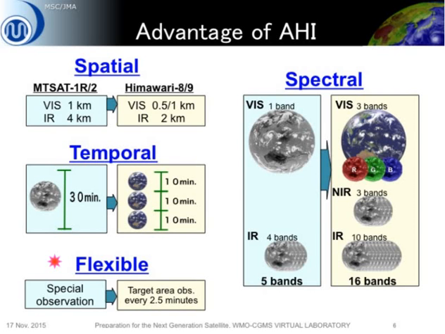It was performed by MTSAT 1R when MTSAT 2 was operational. But Himawari 8 can always observe variable region every 2.5 minutes. In Himawari 8 observation, this regional observation is called target area observation. I show each advantage specifically in the following slide.